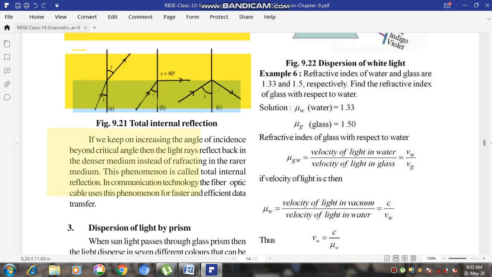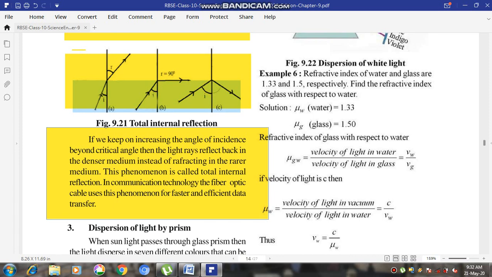If we keep on increasing the angle of incidence, total internal reflection happens. For example, the diamond shines. Why does a diamond shine so much? Because the angle of incidence of light is more than the critical angle. So with more angle of incidence and less angle of refraction, the light reflects back from the denser medium instead of refracting.